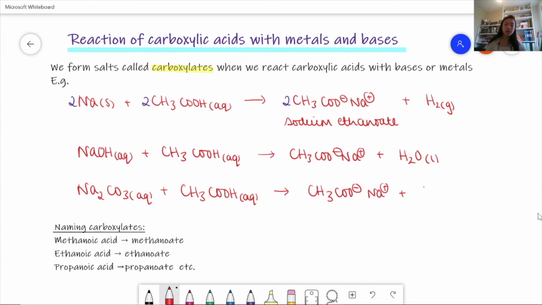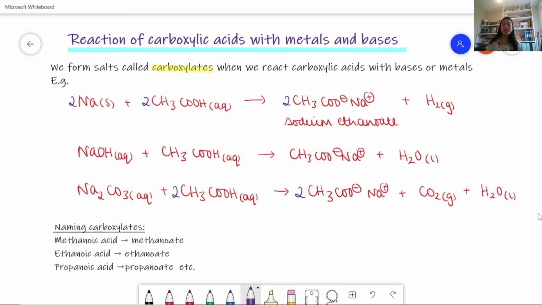And this time we form carbon dioxide and water, like we normally do when we react a metal carbonate with an acid. And this balances by having 2 of these ethanoic acids, 2 of these sodium ethanoates.